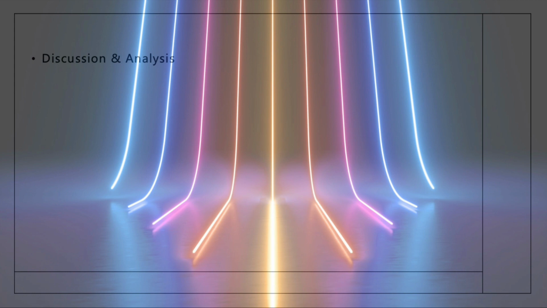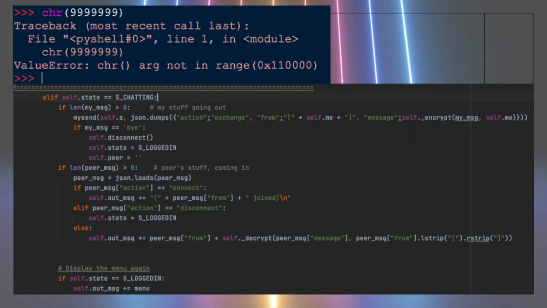Experimenting in the Python shell, the parameter range of the chr function is range 0 to 1114111. We consider this range when coding the encryption and decryption functions.